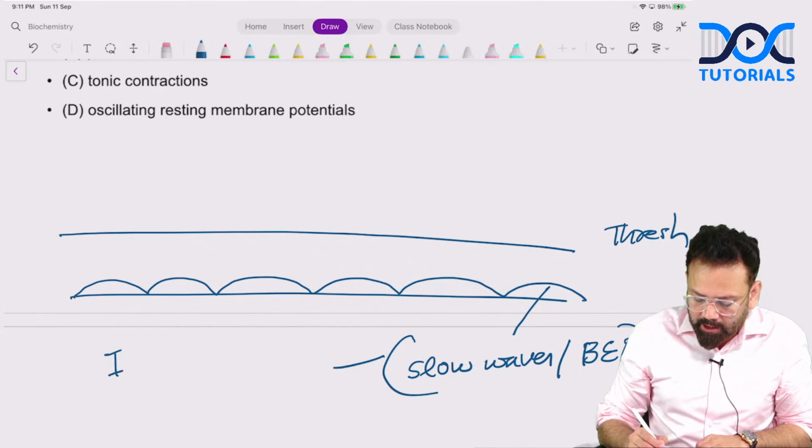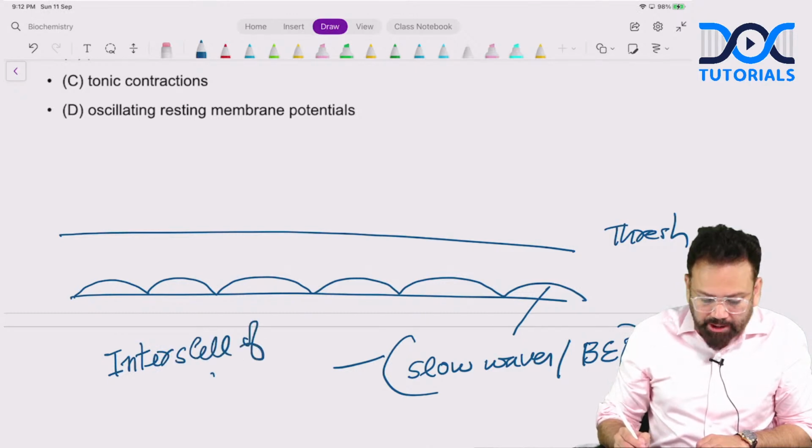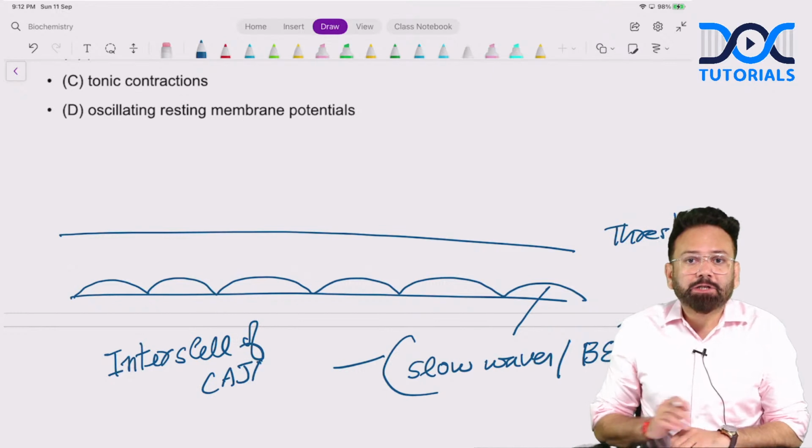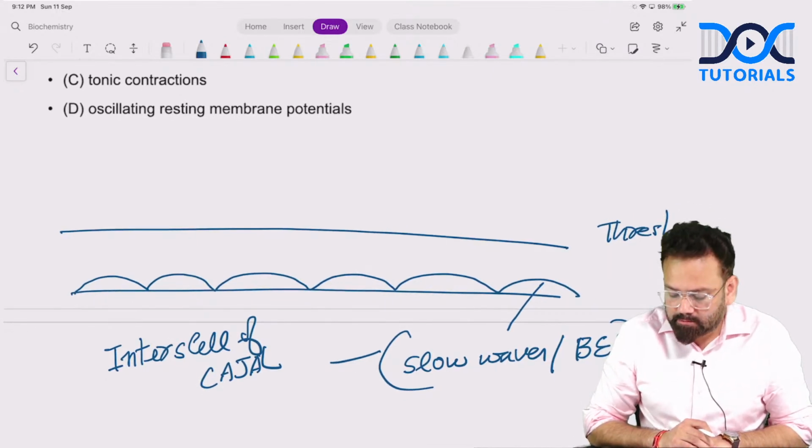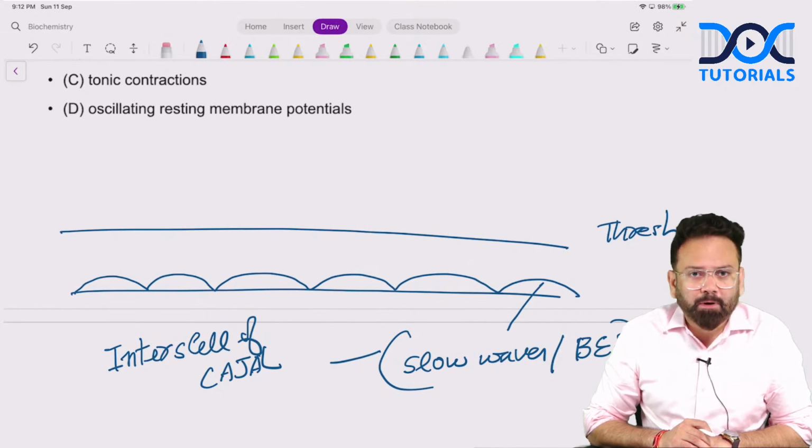Interstitial cell of Cajal, or Kajal, whatever you can say, but the correct pronunciation is Kahal. Okay.